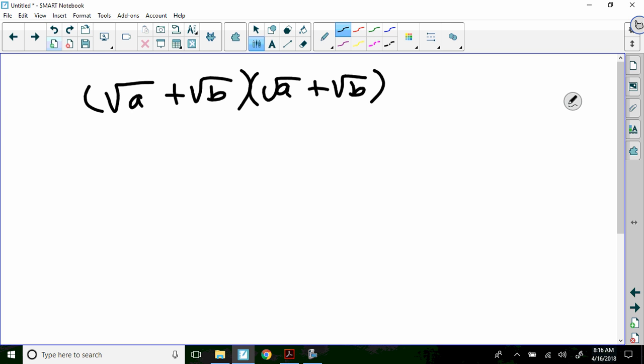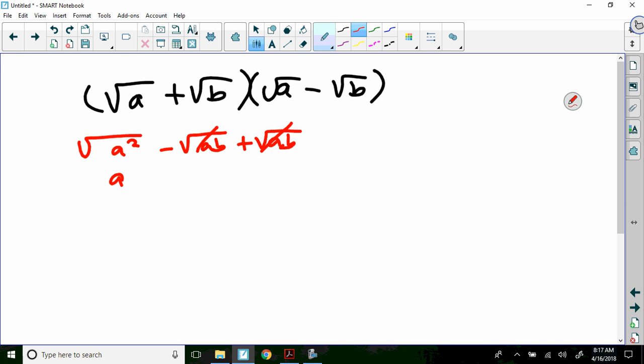So let's see what's going to happen here. Rad a, oh gosh, dang it, I didn't find the conjugate, did I? That's got to be a minus, right? Okay, so what's this going to look like then? It's going to be rad a times rad a, or just rad a squared, which is just a out front. And then it's going to be minus rad ab plus rad ab, and the rad abs are going to cancel.